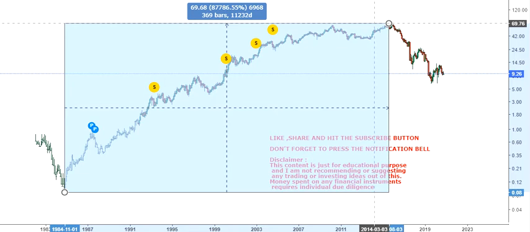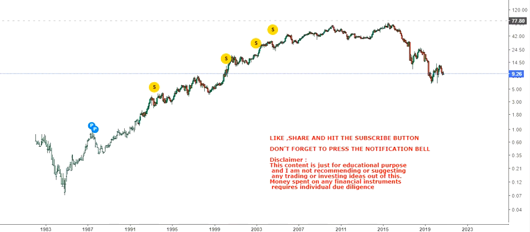From 1984 till 2015, that is between 25 and 31 years of bull run.